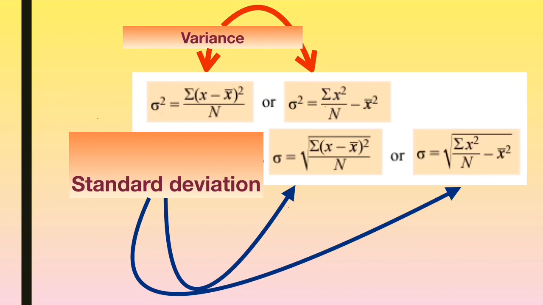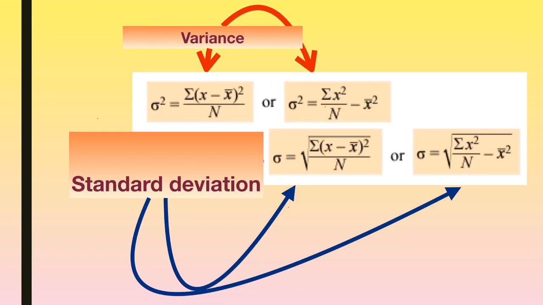Or you can read it as variance equal to sum of the x square, read as sum of the data square, over number of data minus mean square. So that is the variance formula.